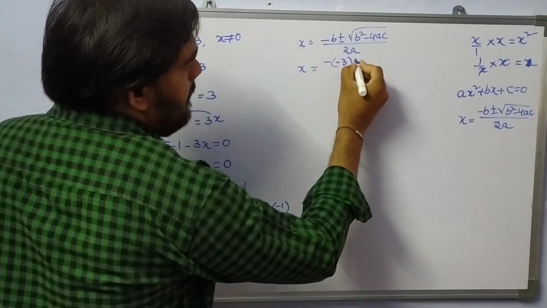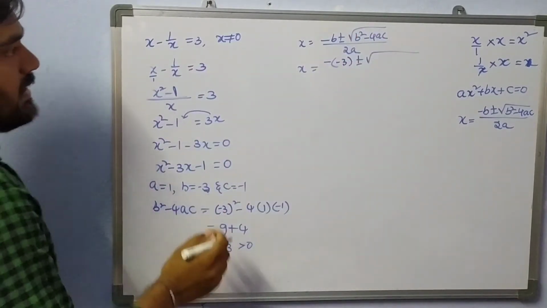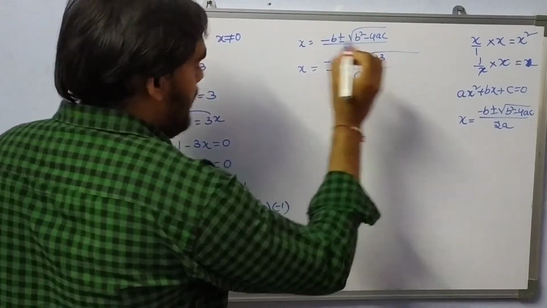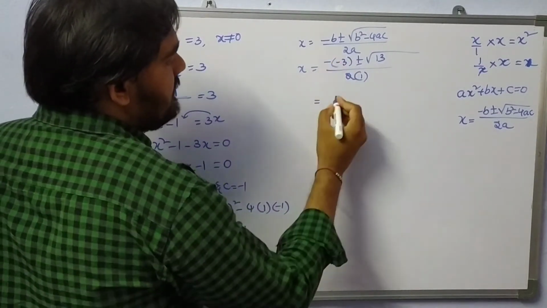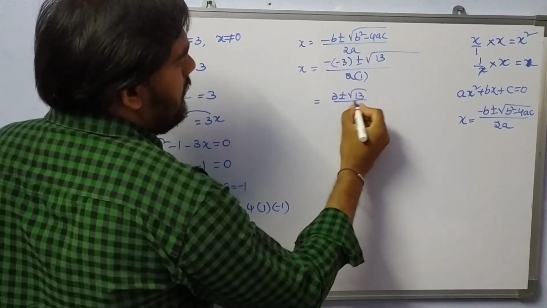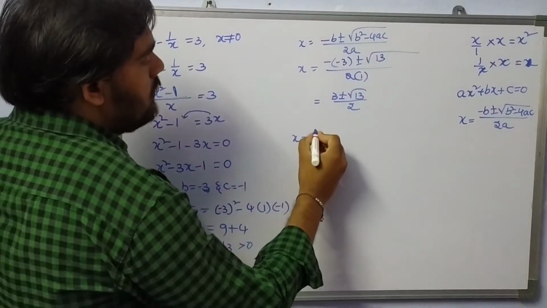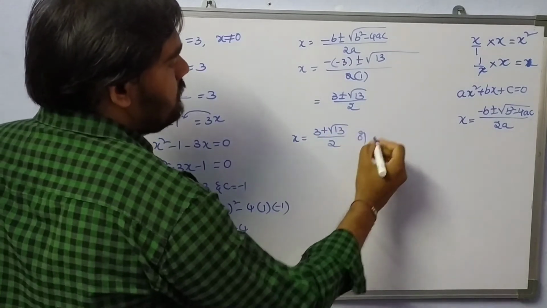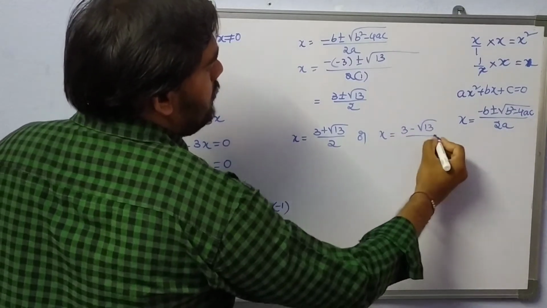So minus of minus 3 plus or minus square root of the value we got, 13, divided by 2a. What is the value of a? a is 1. Now minus into minus is plus 3 plus or minus square root of 13 divided by 2 into 1, 2. Now x is equal to 3 plus square root of 13 by 2, or x is equal to 3 minus root 13 by 2.